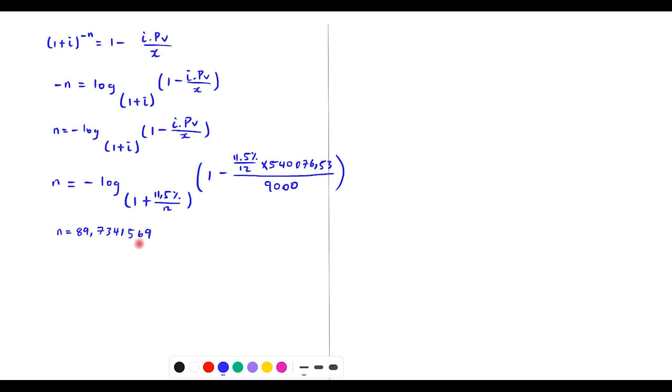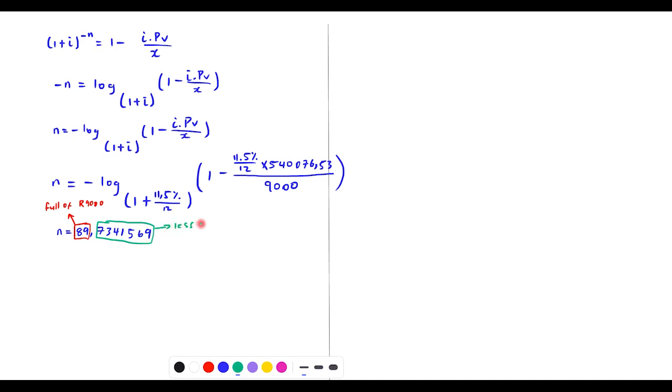So basically this means the whole number here, which is 89, is going to be the full amount of 9,000. So the full amount of 9,000, she'll be making it 89 times, but then the last amount is going to be less than 9,000.